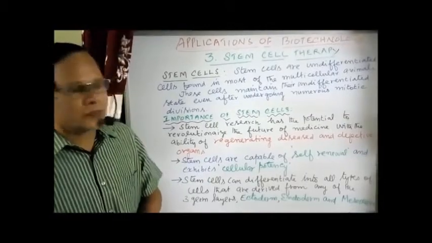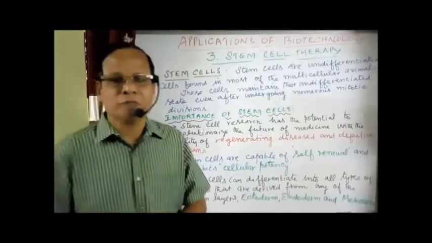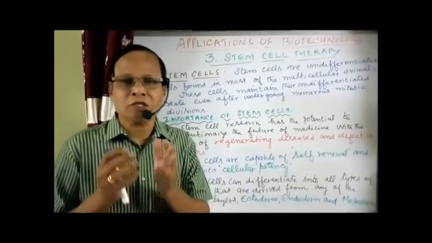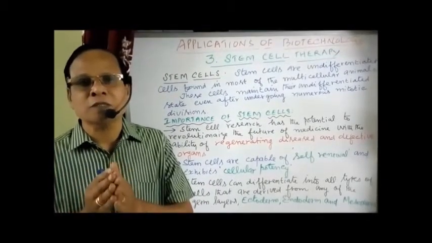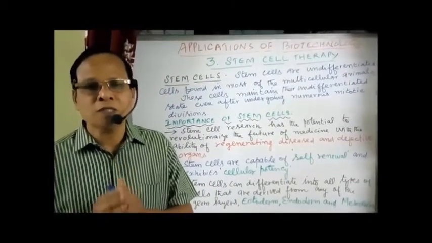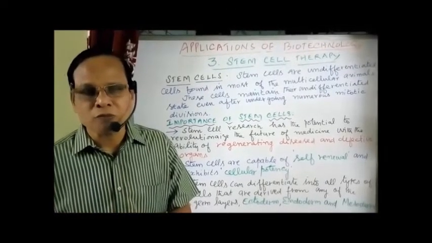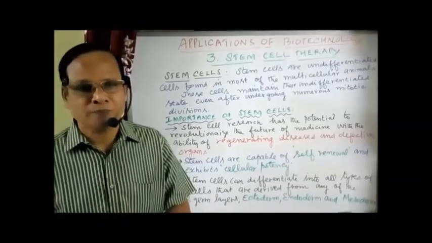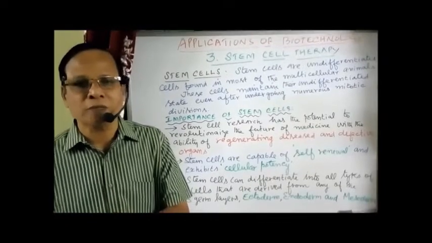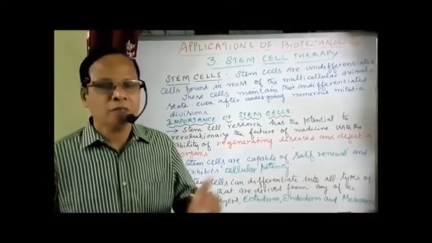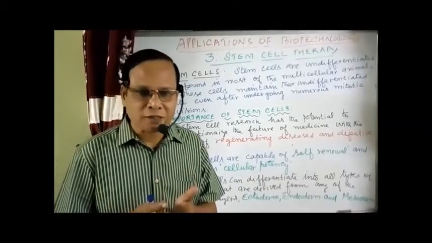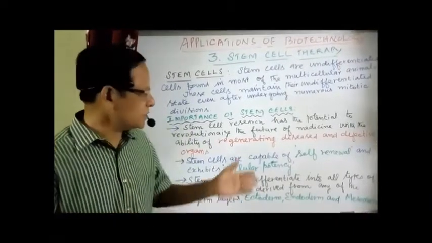Then another importance: the most important and potential application of human stem cells is the generation of cells and tissues. Those generated cells could be used in cell-based therapies, that is, treatment, stem cell-based therapy. Even human stem cells are used to test new drugs. That is the next advantage.